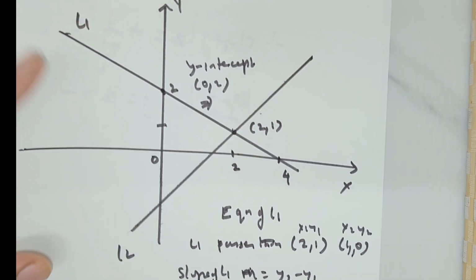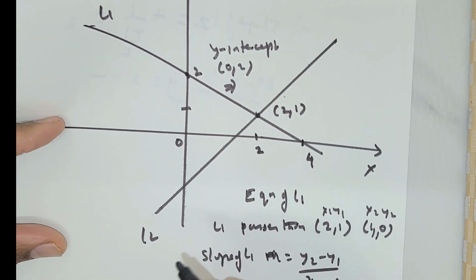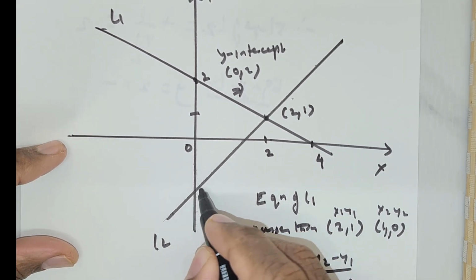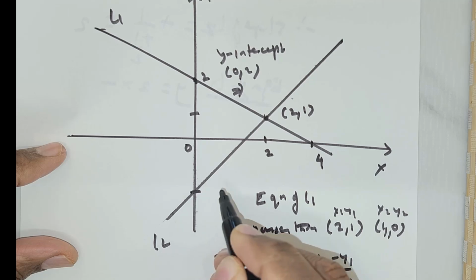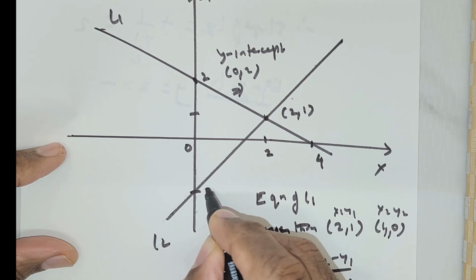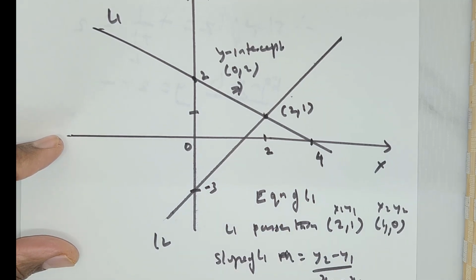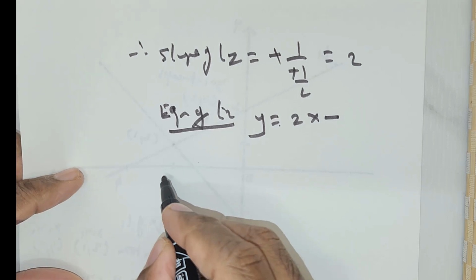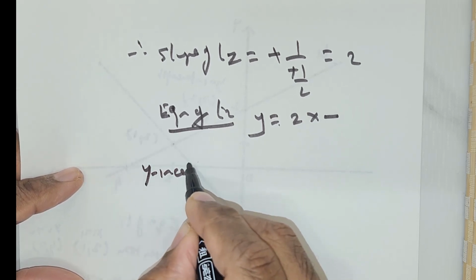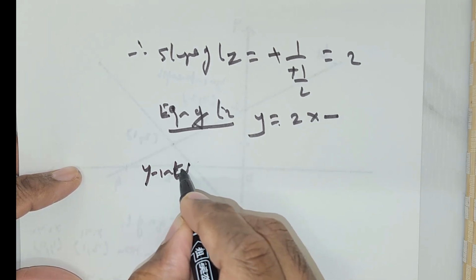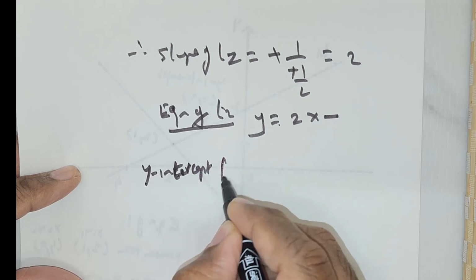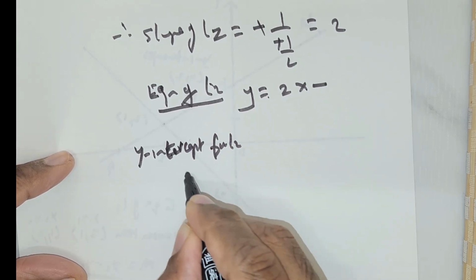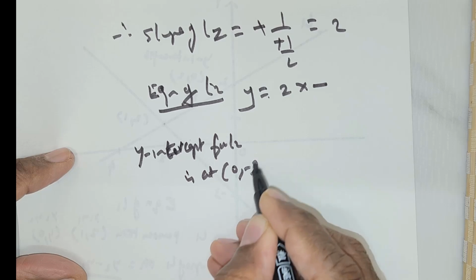Okay, now this is not given, but just to give you additional information, this intersecting point is actually at negative 3. Figure not to scale. I'm just giving you the point of reference. So the y-intercept for L2 is at (0, negative 3).